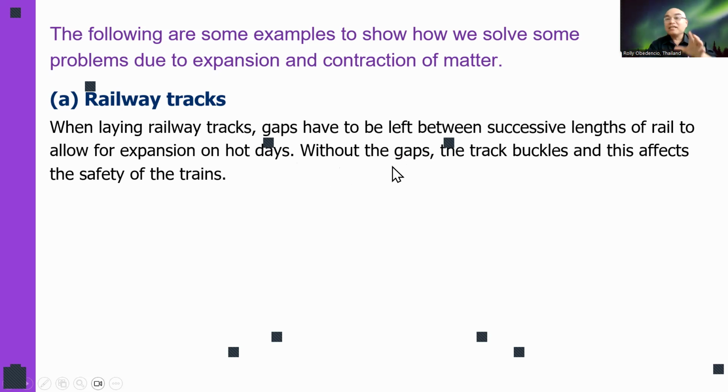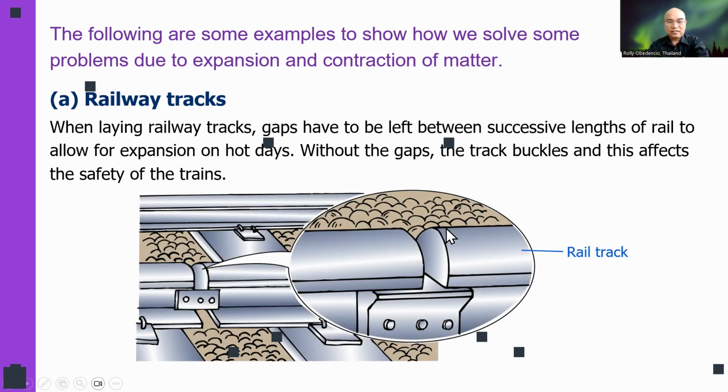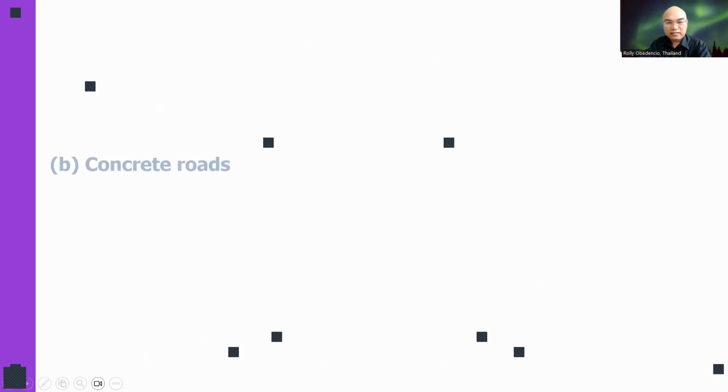Without the gaps, the track buckles, and this affects the safety of the trains. So we have the rail track here, with the small gap. This is about a gap in the railway tracks.